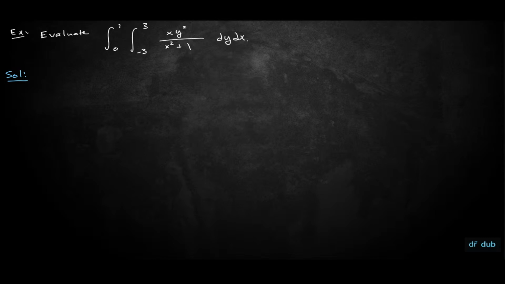Right, so this function, x y squared over x squared plus 1, is one of those functions that you can separate. It's separable, we'll call it. And you could say it's x over x squared plus 1 times y squared.